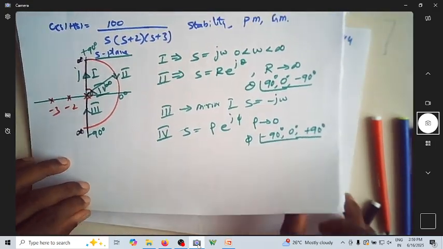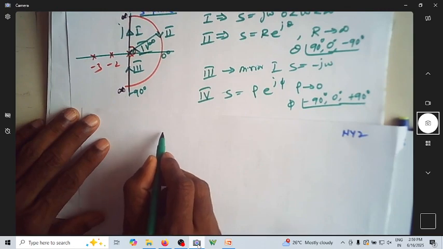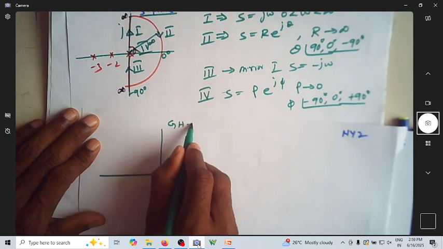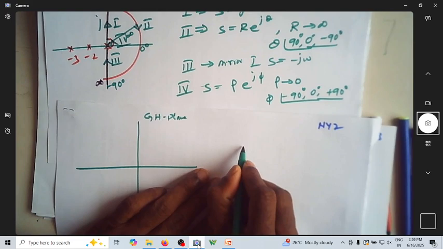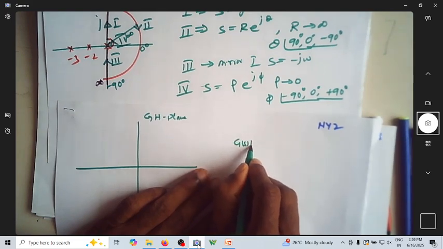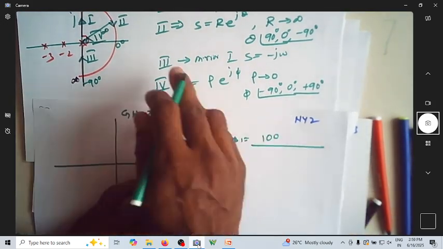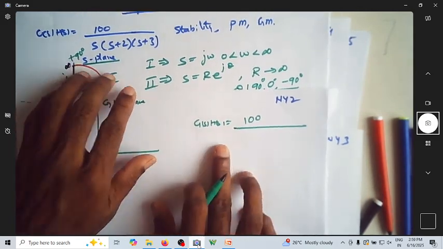So let us start the mapping of each and every segment. To map the first segment, let me write this as my GH plane. In my GH plane, we have G(s)H(s) given by 100 over s(s+2)(s+3). Let me replace s by j omega.